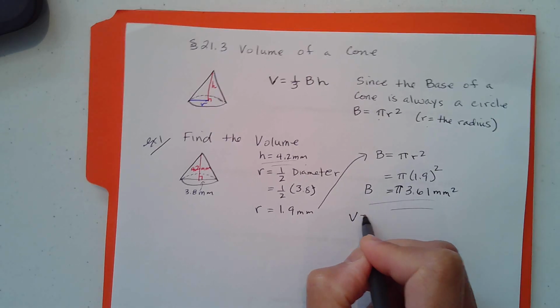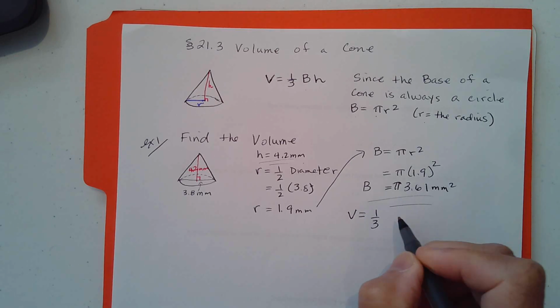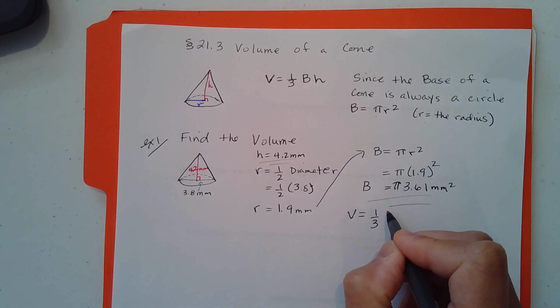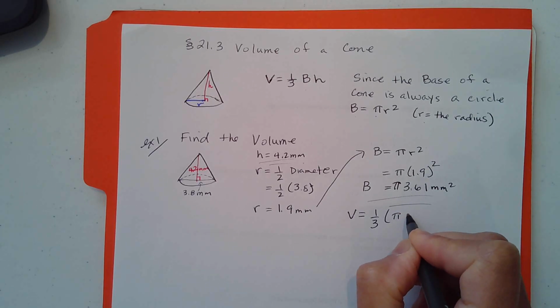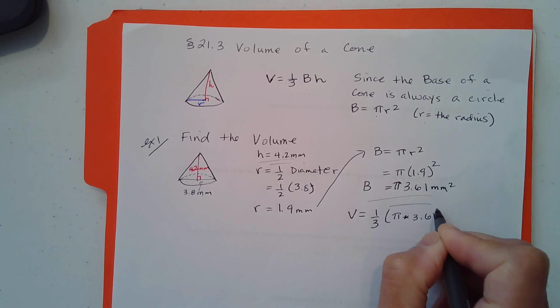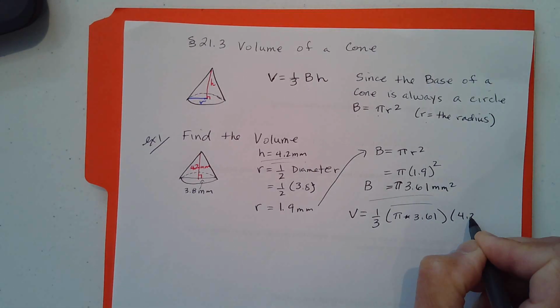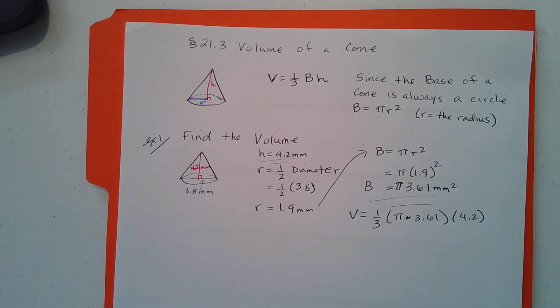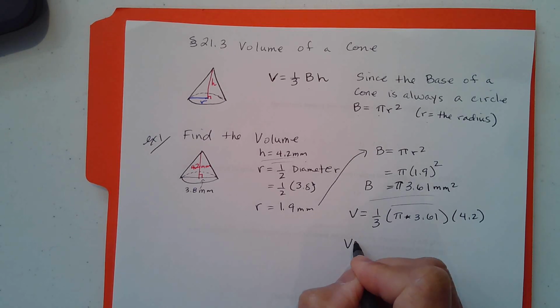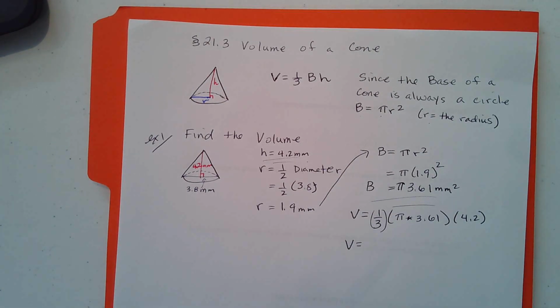So it's going to be V equals 1/3 base times 3.61 pi times the height, which is 4.2. When you put this in your calculator, make sure you put 1/3 in parentheses.